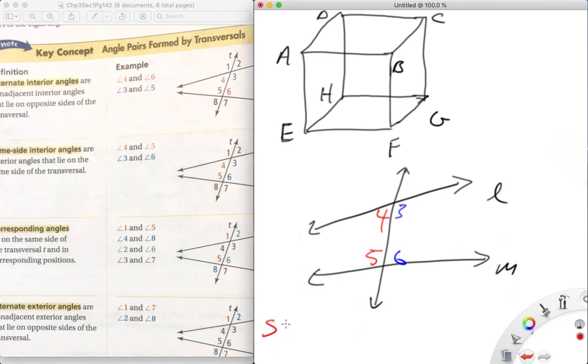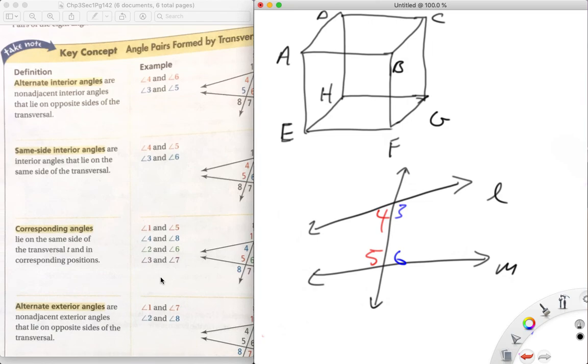I've also seen it called consecutive interior. This is the way that I actually know it, as consecutive interior. But for this guy, we'll call it same side interior, SSI.